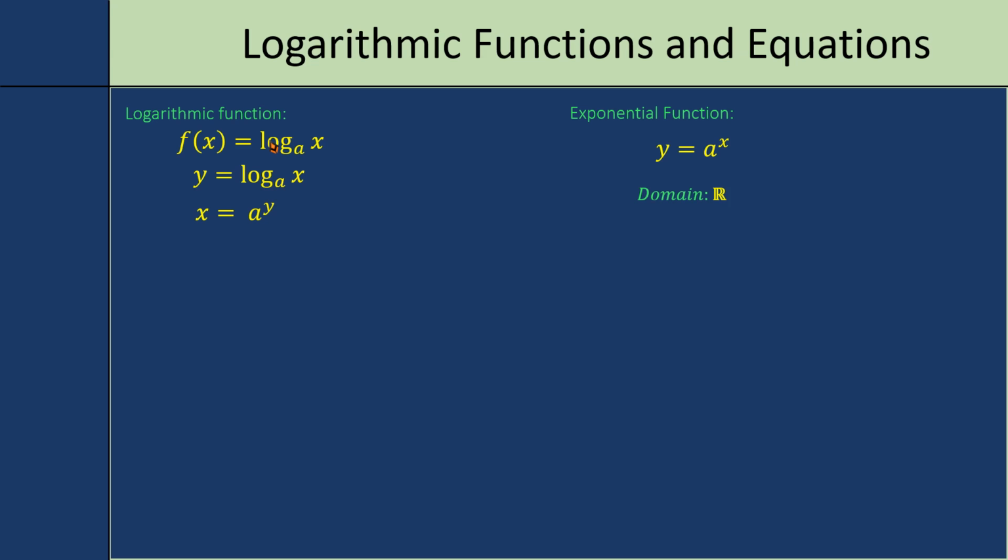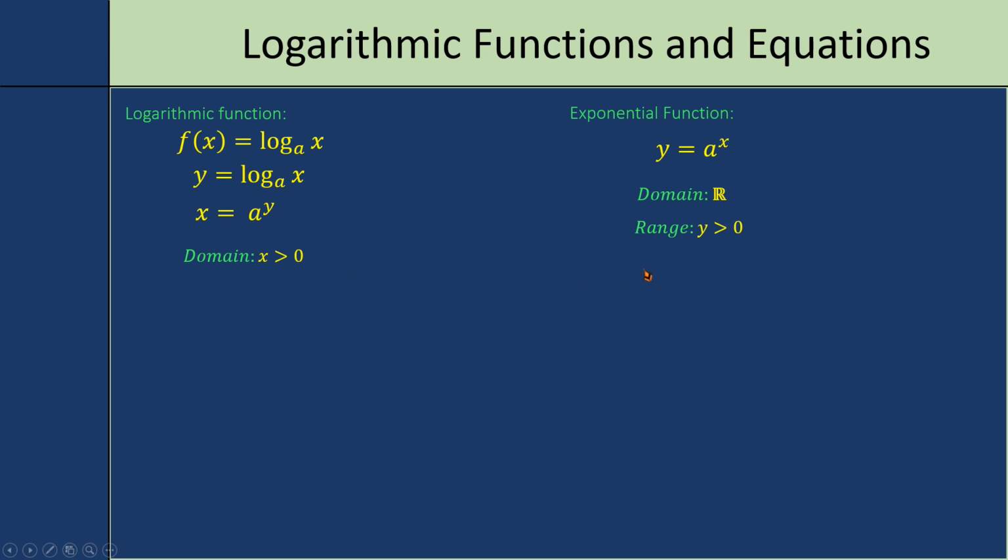So to understand the logarithmic function, we look at the exponential function. We learned that already. Domain is all real numbers for the exponential function. Range is y is larger than 0. So when you do the logarithmic function, the domain, you swap the x and the y, right? So the domain is now the range. The range is now the domain.